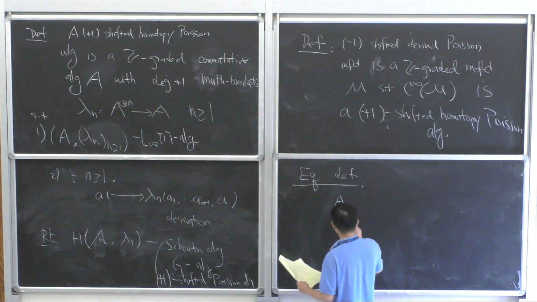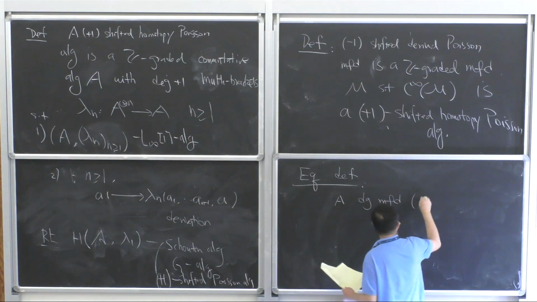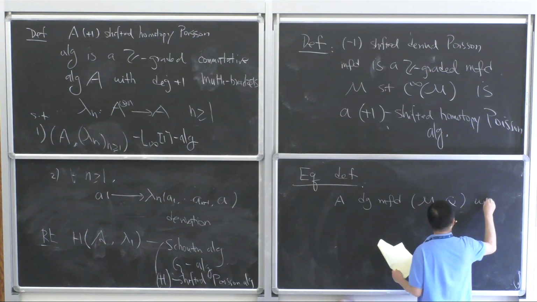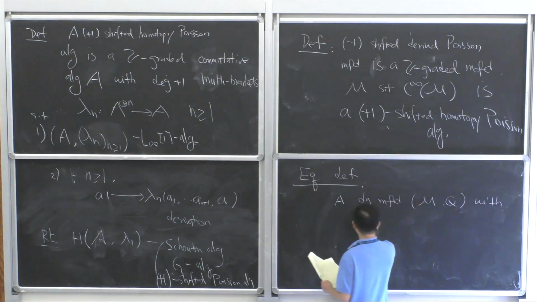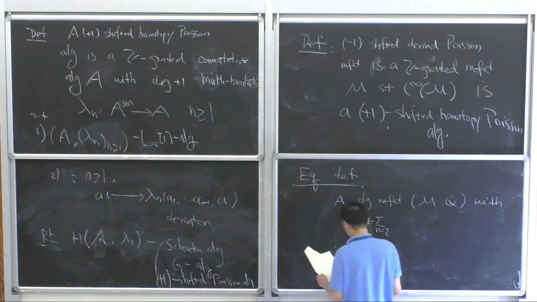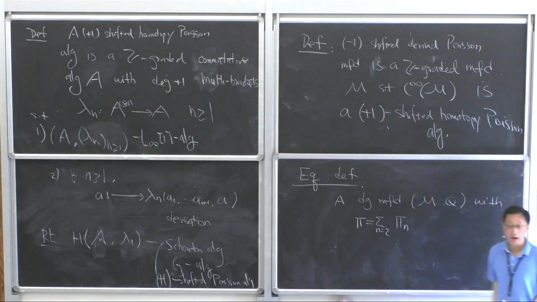So just a DG manifold with pi. Actually, this is equal to infinity, so let me be a little bit vague. It should be a direct product, and it can go higher.